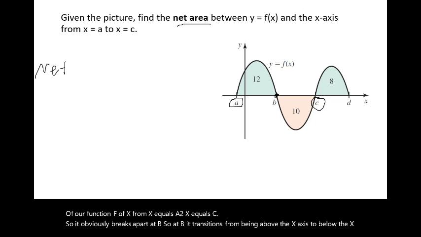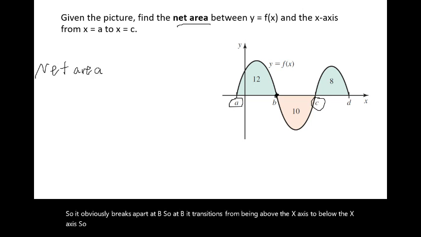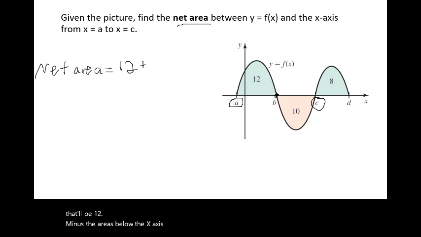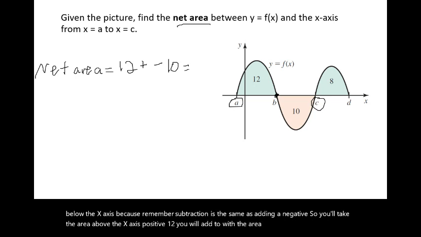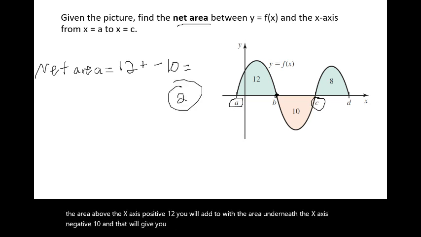So the net area is going to be all of the areas above the x-axis as positive numbers, so that'll be 12, minus the areas below the x-axis, or you can think of it as adding to it the negative area that's below the x-axis. Because remember, subtraction is the same as adding a negative. So you'll take the area above the x-axis, positive 12, you will add to it the area underneath the x-axis, negative 10, and that will give you a net area of 2.